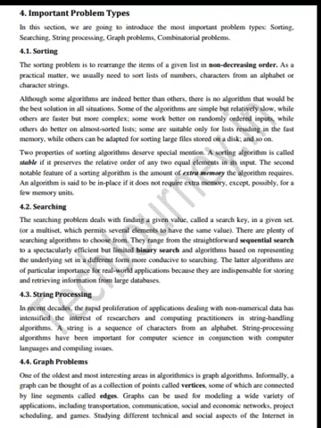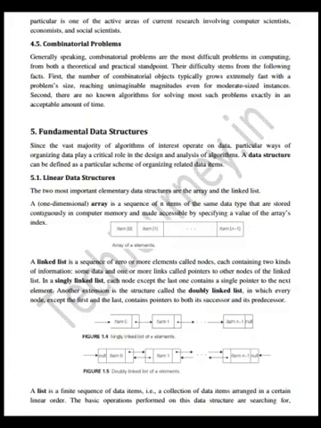Graphs can be used for modeling a wide variety of applications, including transportation, communication, social and economic networks, project scheduling, and games. Studying different technical and social aspects of the internet in particular is one of the active areas of current research involving computer scientists, economists, and social scientists.